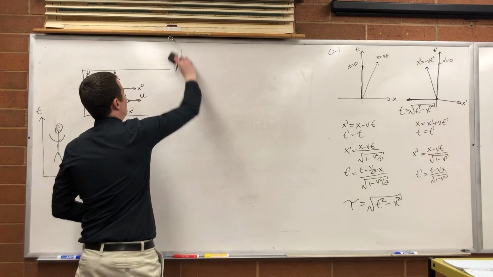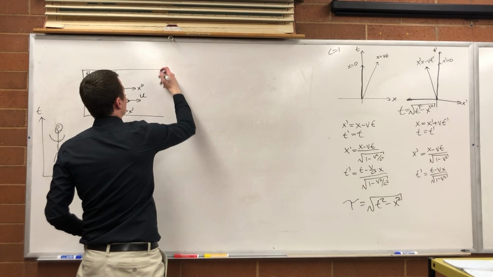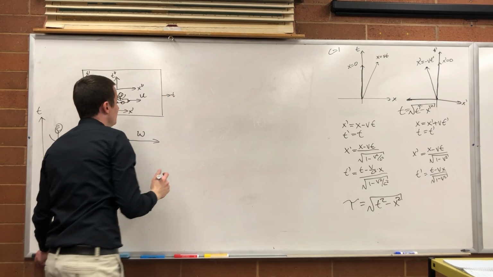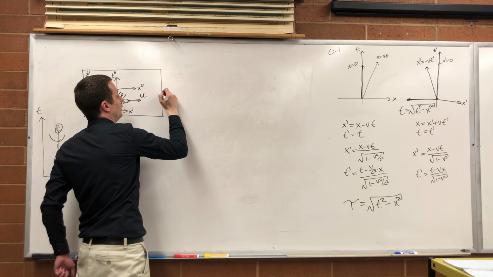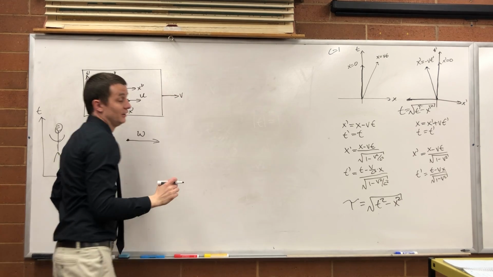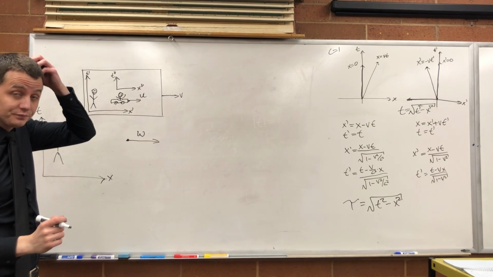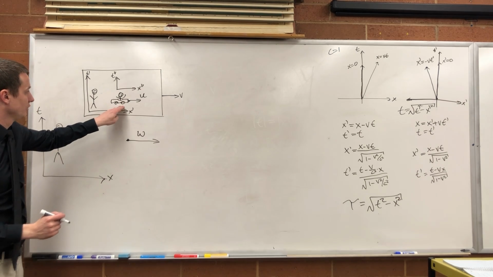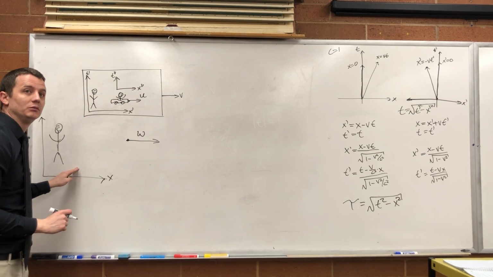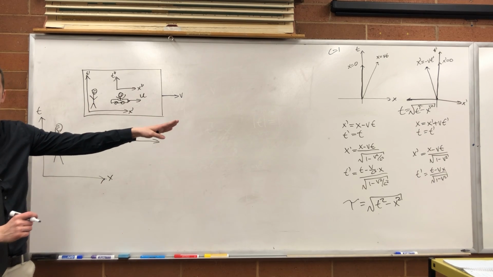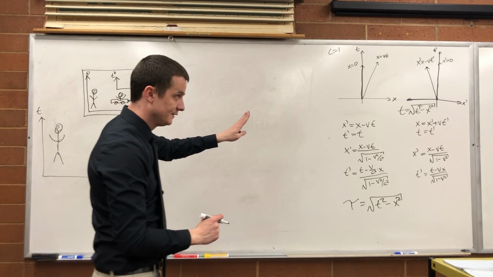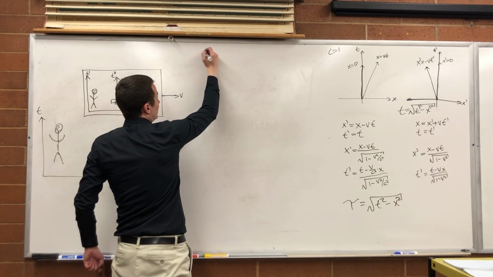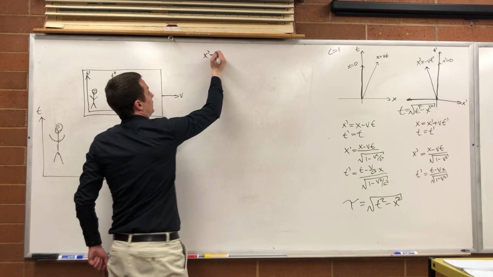Does that make sense? Make my train a little shorter. Hopefully I can figure this out. Okay. So I want what my kid calls 0 in your reference frame, which is how fast they're moving. Sorry, I'm going to have to think through this with you as we go.